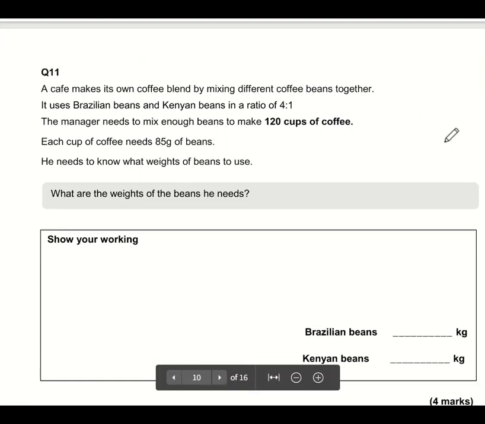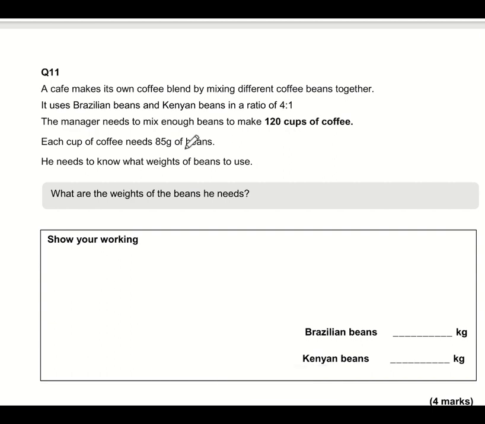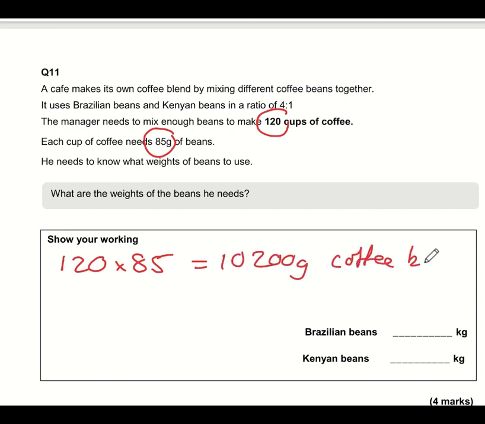Okay, question number 11. So first of all, if 1 cup of coffee is 85 grams of beans, and we want 120 cups, what is the total mass of the beans needed? That's 120 multiplied by 85, which is 10,200 grams of coffee beans.